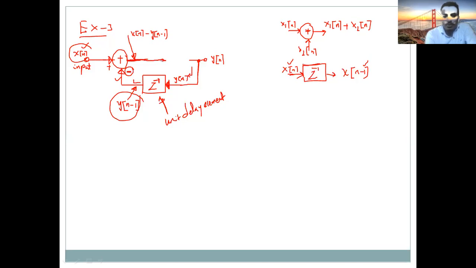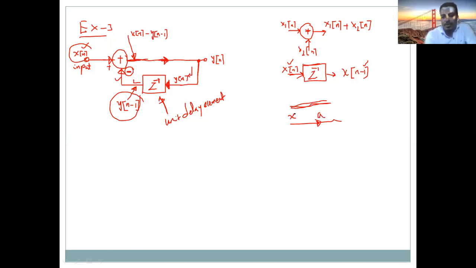At this point, we use another circuit element called a multiplier. Another very common circuit element. The symbol looks like this, just an arrow with some constant A. What does a multiplier mean?